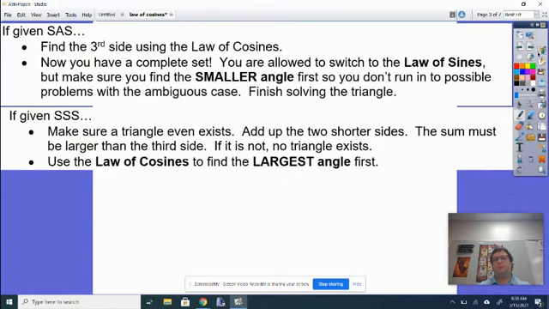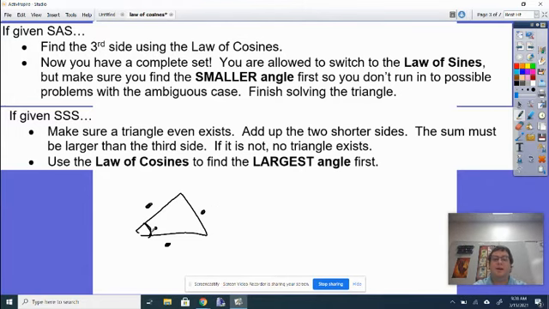Again, we've got two scenarios today: side angle side and side side side. For side angle side, that's a triangle where we have a side we know, an angle we know, and then the side next to it. Again, I don't have any pairs here. I would need this side to get the pair, and that's what we're going to find first.